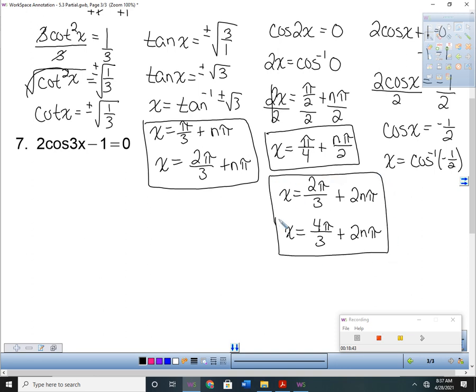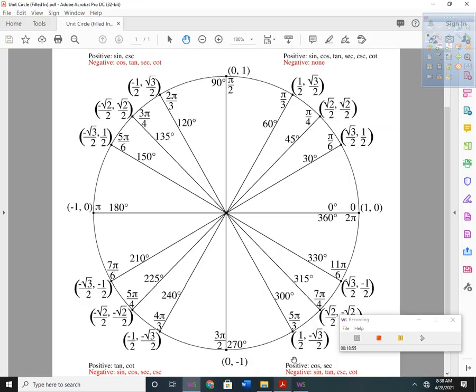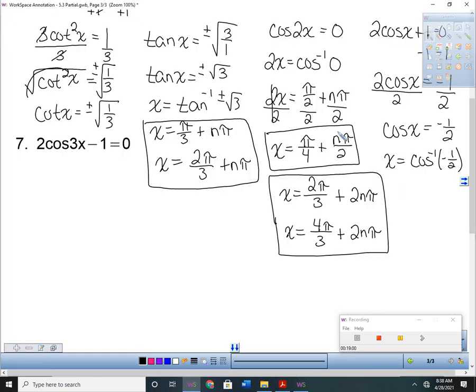Now, sometimes this one has 3 answers, right? Every now and then, one of these answers will overlap the answer you found here, so you should always look at that. This one starts at pi over 4, right? And then continues around, if you look at what you've said, pi over 2, right? Which is 90 degrees.